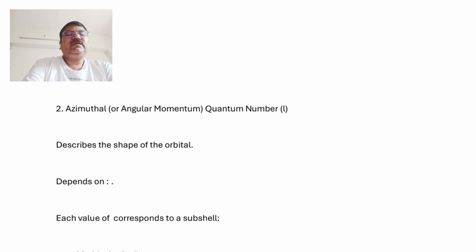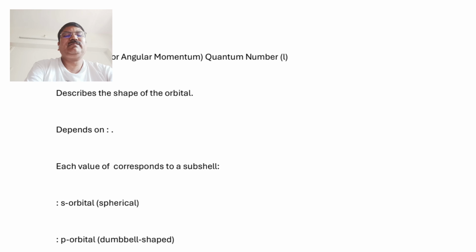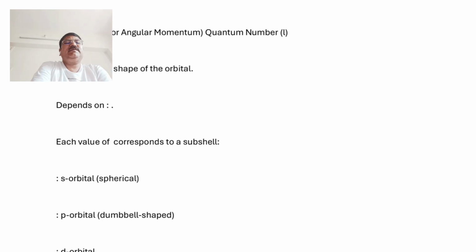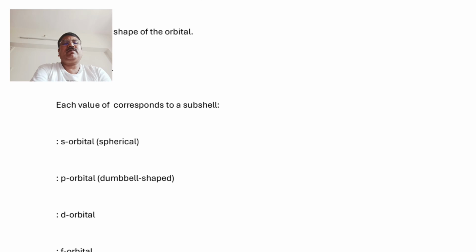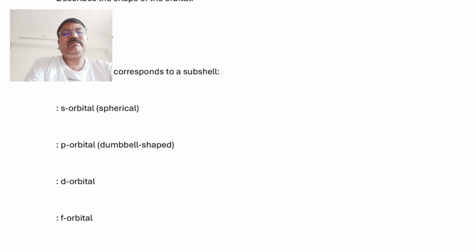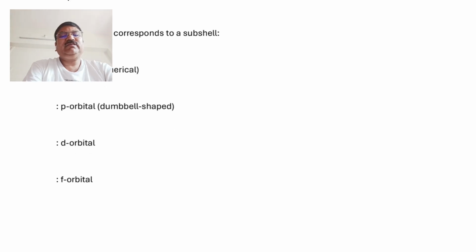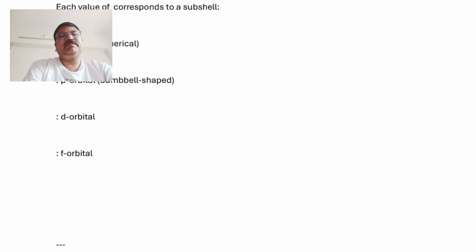And the azimuthal quantum number always depends on the corresponding subshell. Now what are the azimuthal quantum number values? l is always equal to values for different shapes of orbitals: the s orbital which has a spherical shape, the p orbital which has a dumbbell shape, the d orbital which has another orientation, and the f orbital which has a different orientation.